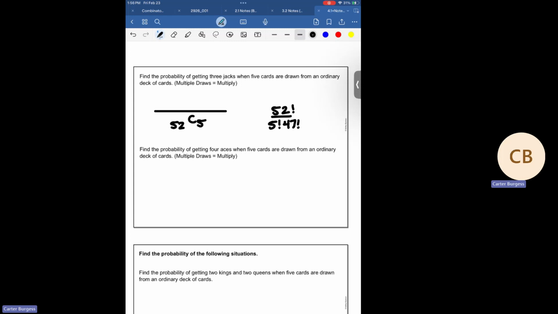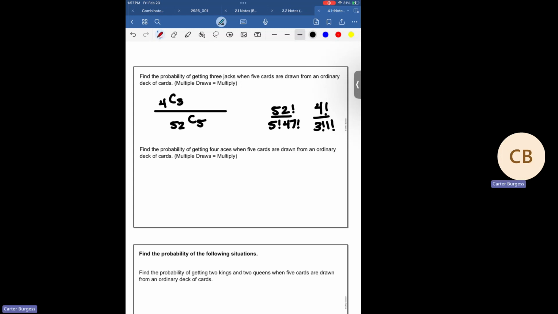We can arrive at it that way. How many jacks do we have in a deck? 4 jacks in a deck. Okay, and we want to see how many of those? We want to see 3 of them. So, 4 choose 3.